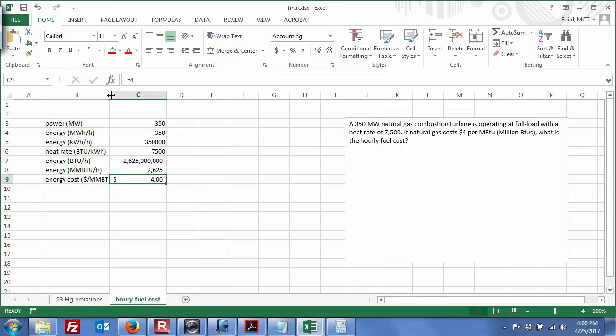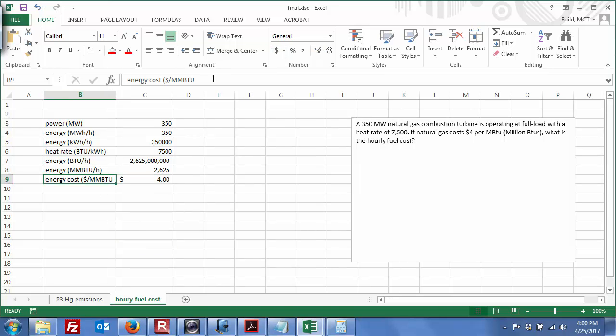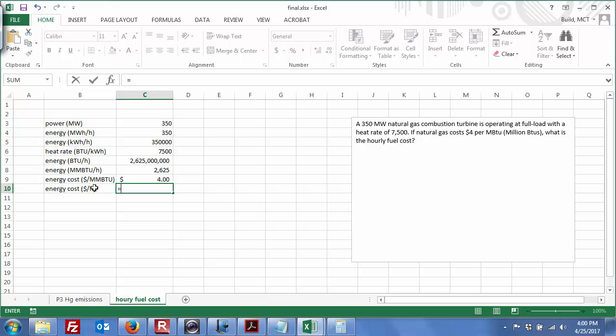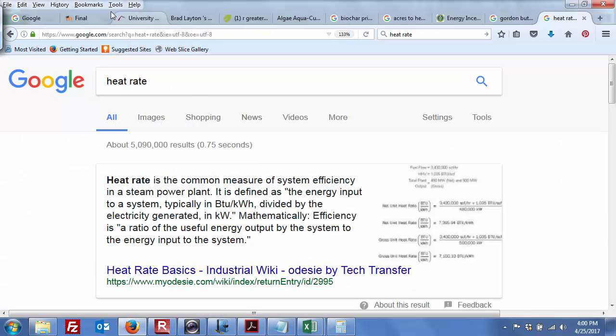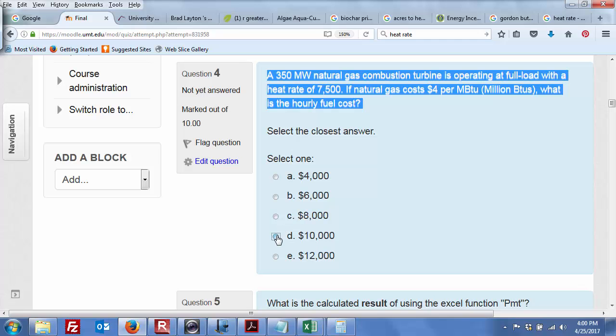So $4 energy cost in dollars per hour equals that times that. $10,000 an hour to run your plant. You better be selling some electricity. $10,000.